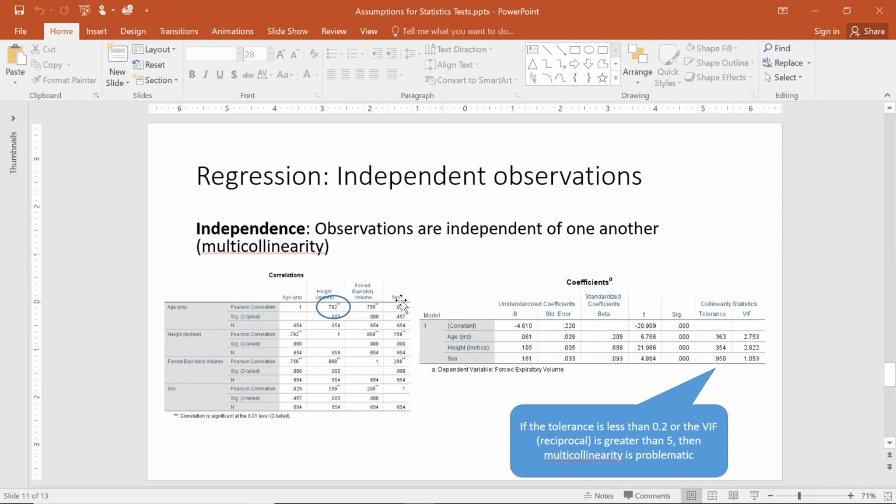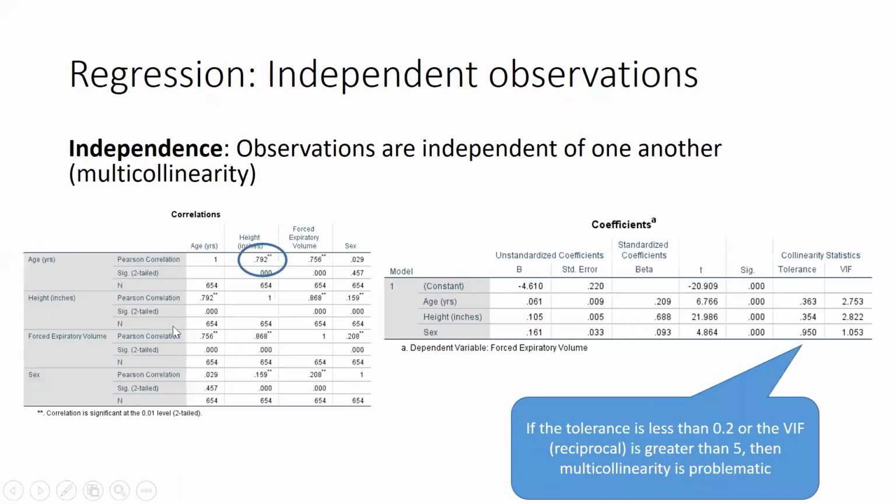We look at that by running a correlation matrix just to get a sense of how strongly our multiple predictors are correlated with one another. When you see a correlation this high, that should give you pause, because it looks like there's a lot of redundant information, a lot of common information across age and height.